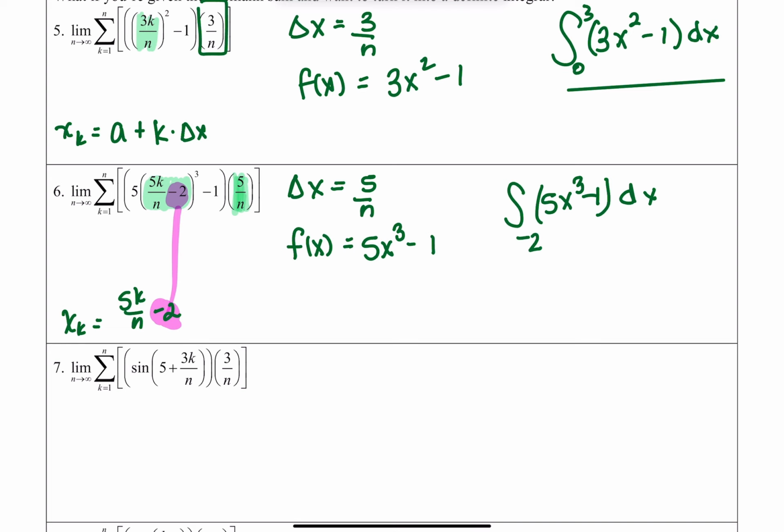Now, because my difference is 5 right here, this tells me that my b value has to be 3, so that whenever I do b minus a, I'm going to get 3 minus negative 2, which is 5. So now I have my integral from negative 2 to 3 of 5x cubed minus 1 dx.